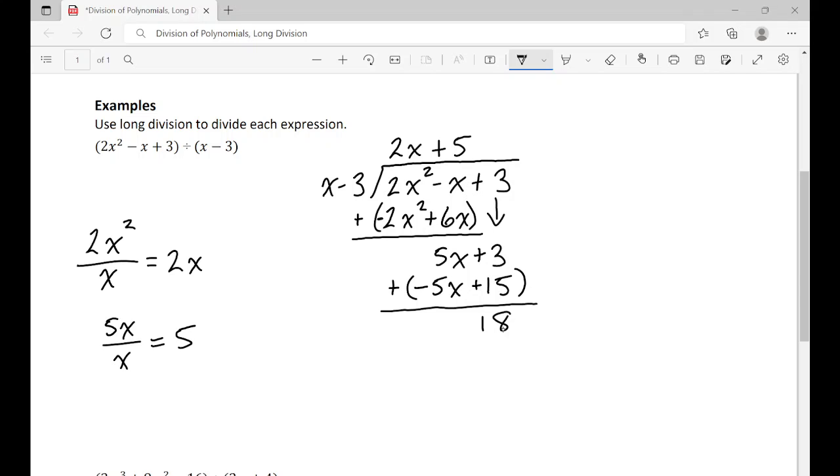And since this has no x term, and this does, we are done, because the degree here, which is 0, is lower than the degree here, which is 1. So to write the remainder, we do plus the remainder, 18, divided by the divisor, which is x minus 3. And this whole thing up here is the quotient, or the answer: 2x plus 5 plus 18 over x minus 3.